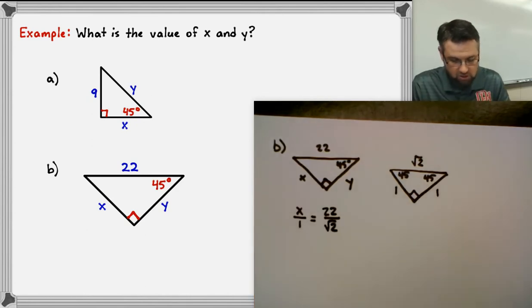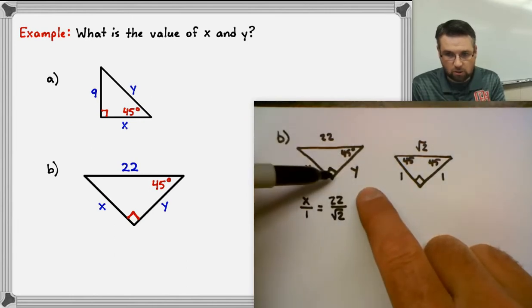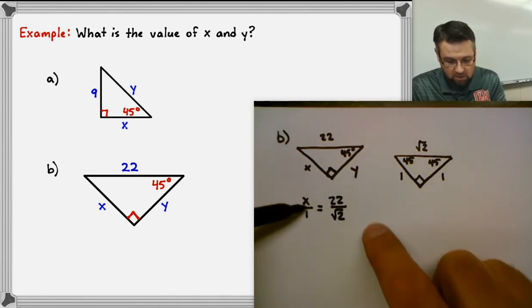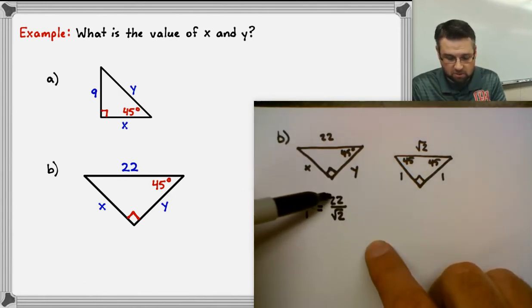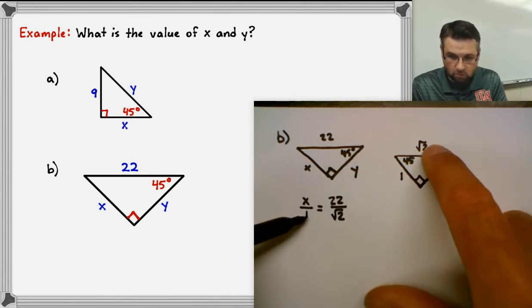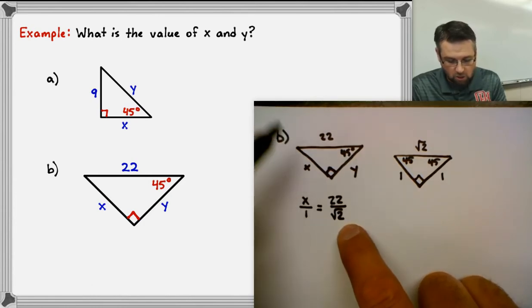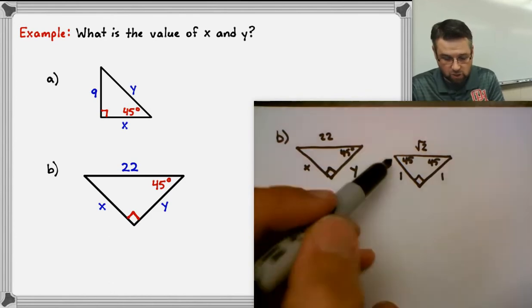Now, just to double check yourself, you want to make sure that everything in one triangle is together. So if x is on top, then the 22 and the y are also on top. If 1 is on the bottom, then the 1 and the rad 2 are also on the bottom. So the top is one triangle, the bottom is the other triangle.